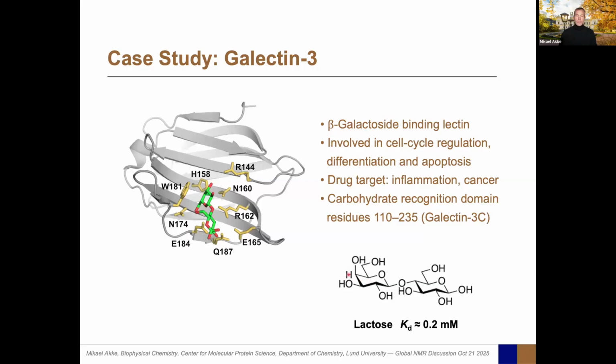And usually it's much longer chains, and these chains may continue up here, so there are more binding sites higher up. But we will just look at lactose for everything that I will be telling you about here. And as you can see, lactose here has quite a weak affinity. It's like 200 micromolar. And that means that it's actually quite amenable to be studied by NMR exchange methodology, and we'll see more about this as we go here.